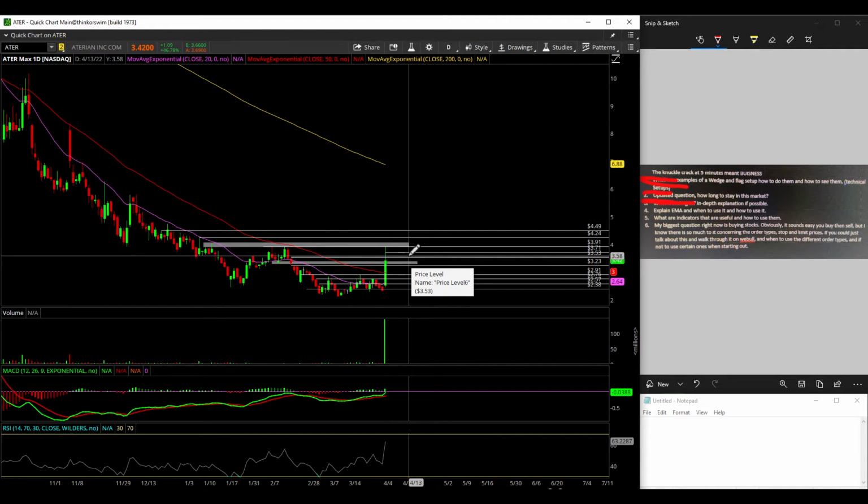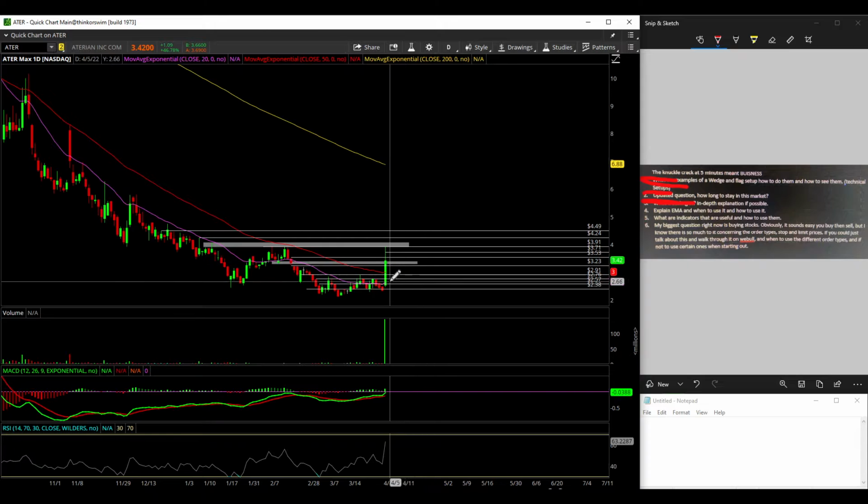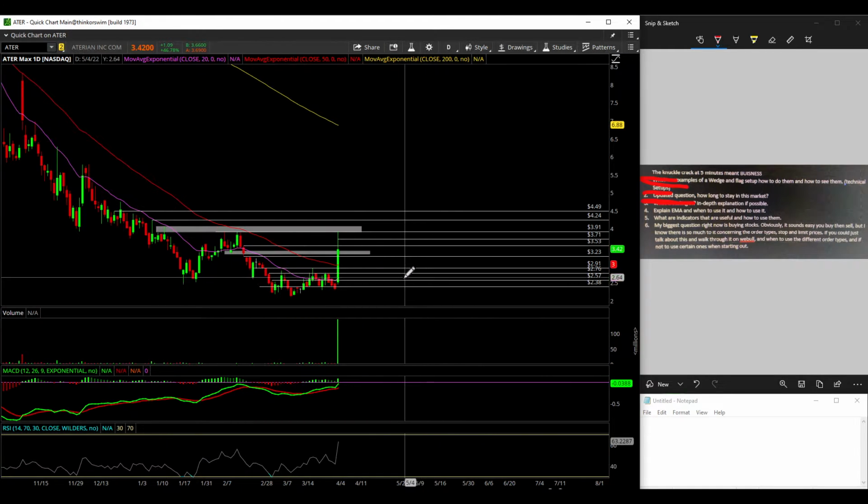So all EMAs are is just another tool of support and resistance. Just like how we chart support and resistance, EMAs and MAs, which are the simple moving averages, are used the exact same way. And people will base their swing strategies off of certain EMA setups, like if the 20 crosses the 50, they'll play that setup.